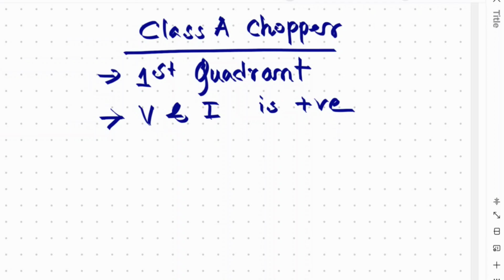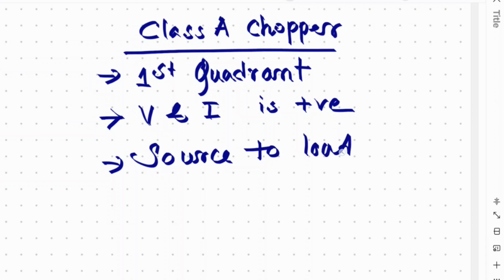This means power always flows from the source to the load. So it works in forward motoring mode.